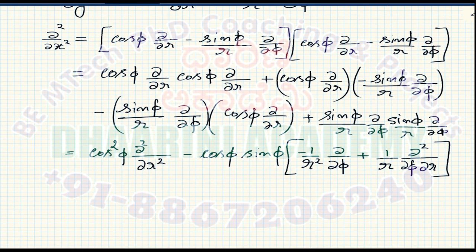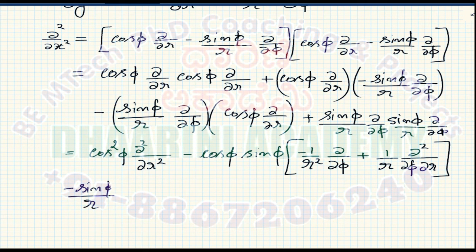Now the next term. I can see that in the third term I am multiplying sin phi by r into dou by dou phi of cos phi dou by dou r. It's very clear that minus 1 by r into sin phi is a constant. I'm going to take it out from this differentiation. So this is minus sin phi by r.